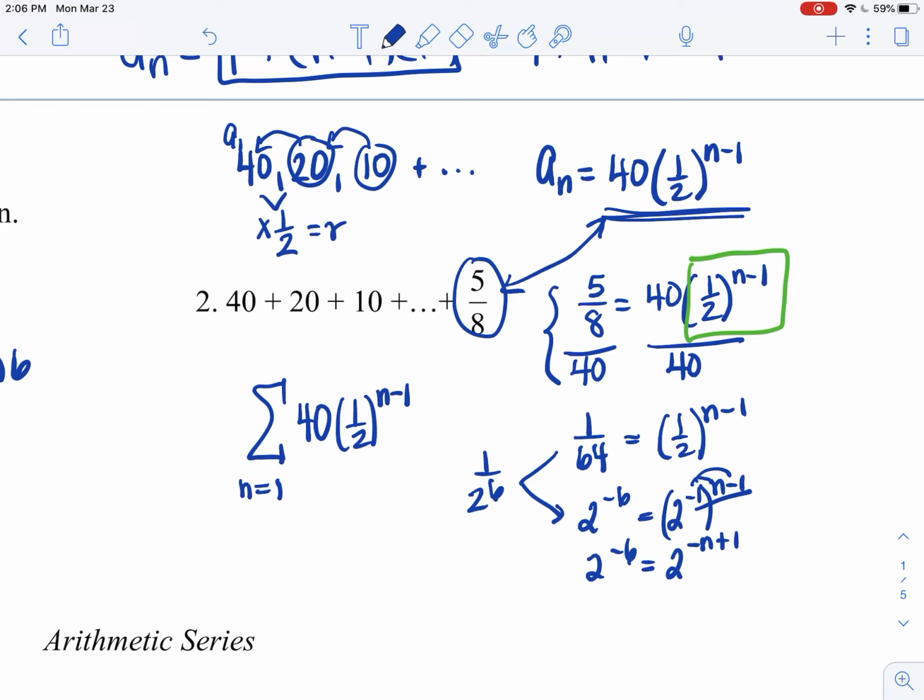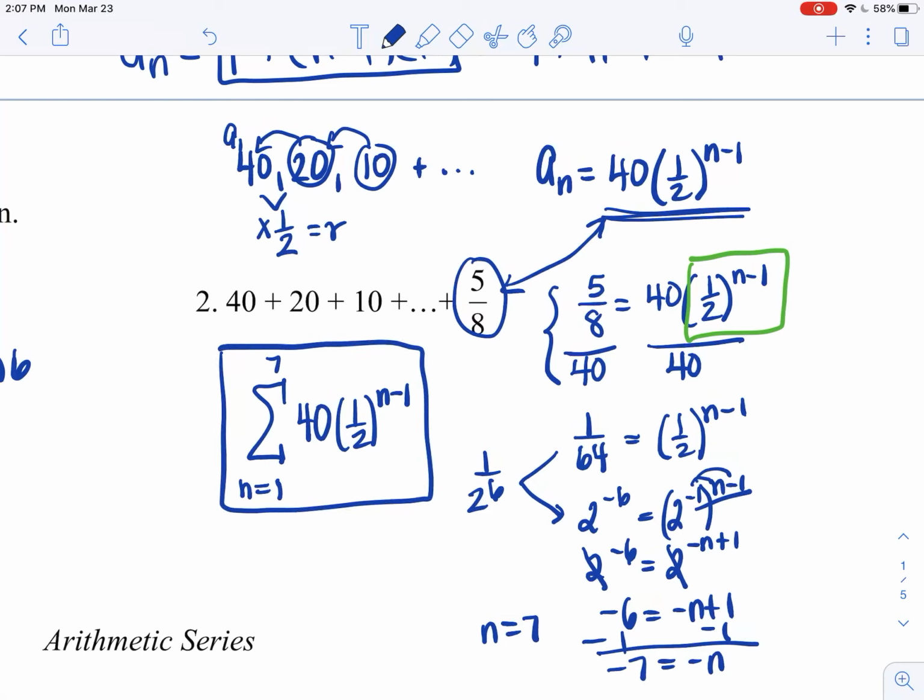So that becomes 2 to the negative n plus 1 as I distribute. You can now see both sides have the same base. I can drop the bases, set the powers equal to each other, and easily finish solving for n. So minus 1 from both sides, negative 7 is equal to negative n, or n equals 7.